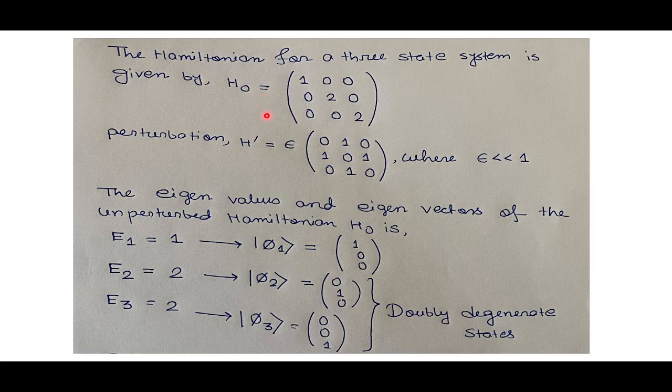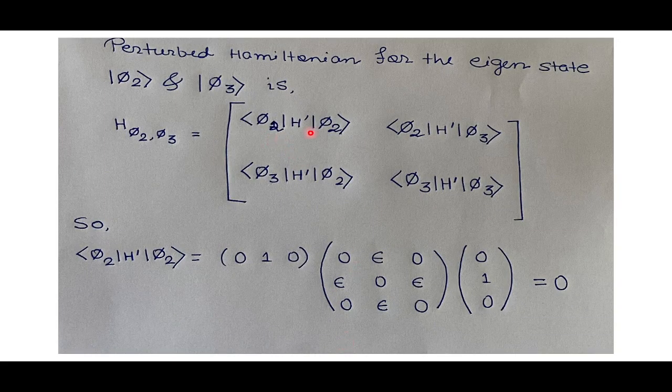So H dash will give you the correction term, and if you want to find the correction term, you do the first order perturbation. You find the matrix element like this, right? Energy correction. Here I have formulated the matrix form because you have two states. If you have one state, then you don't need it. Yes, now it's clear.